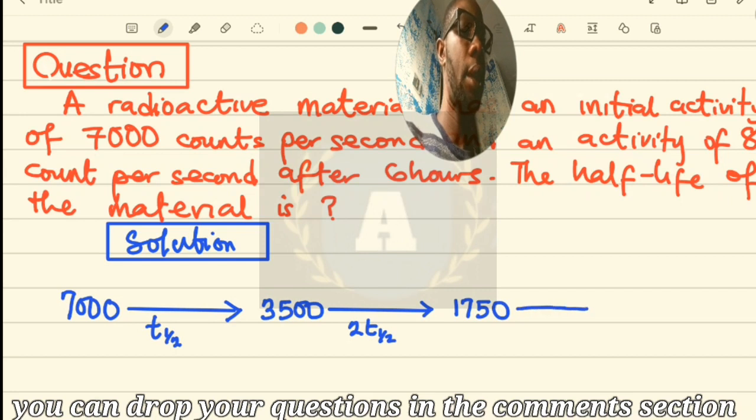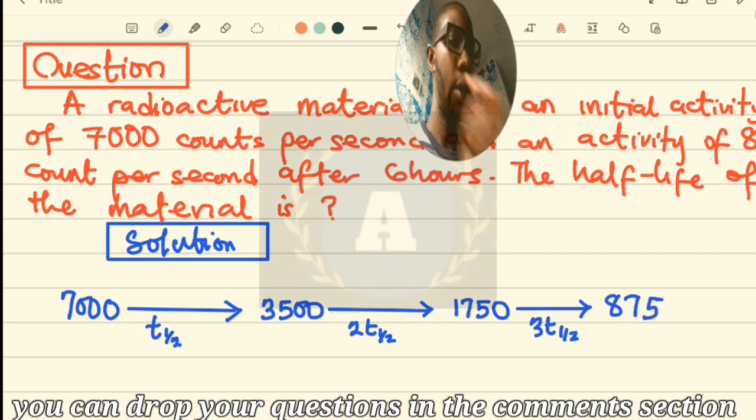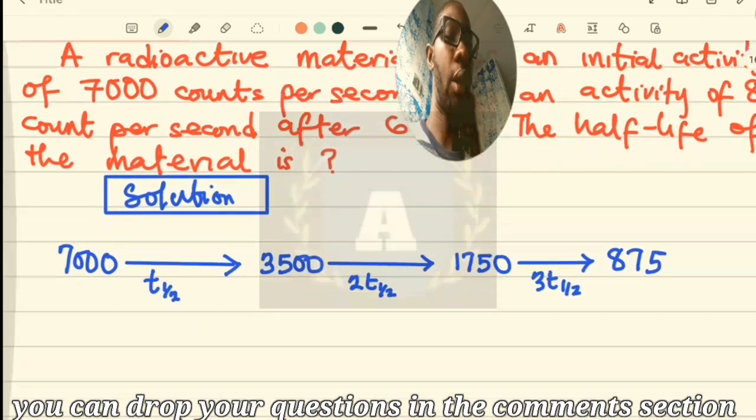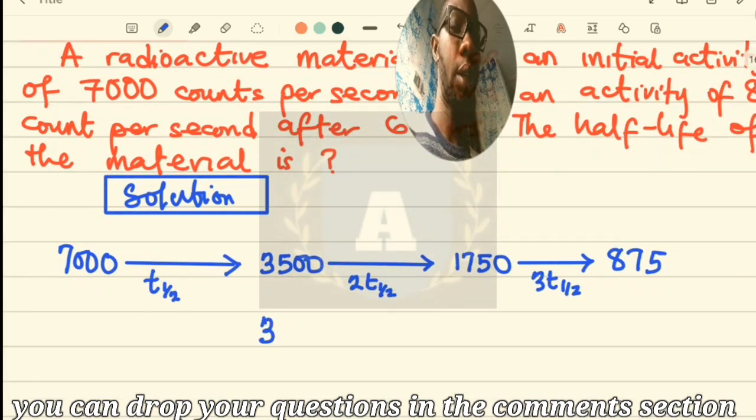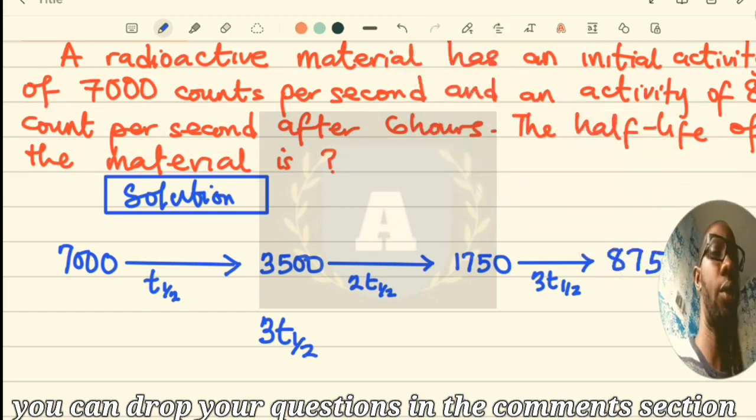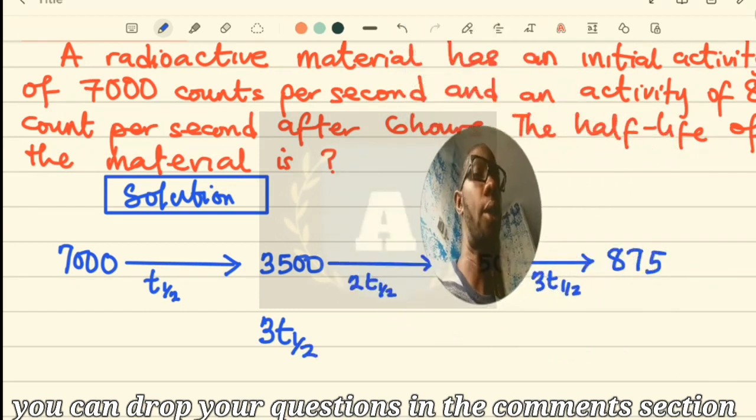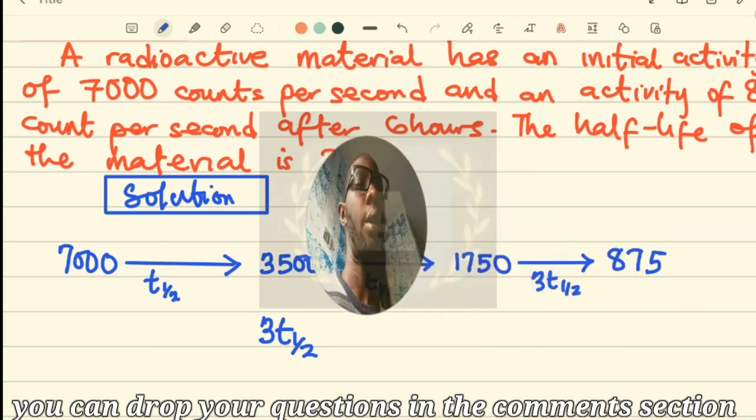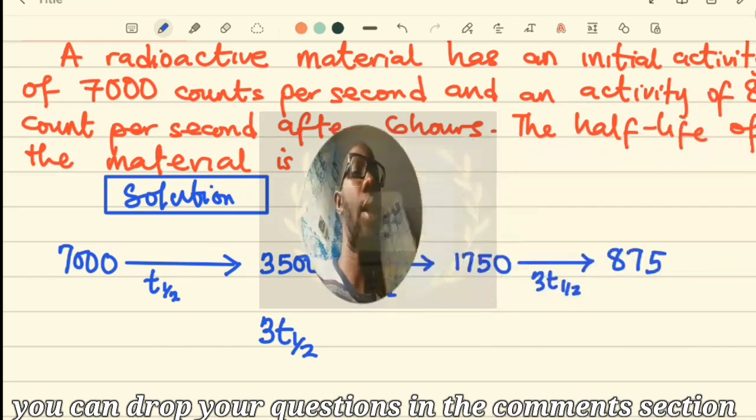Then after the third half-life, that is 3 half-lives, this must have reduced to 875. So after the third half-life it has reduced to 875, which means that the count rate of 875 is reached after 6 hours.